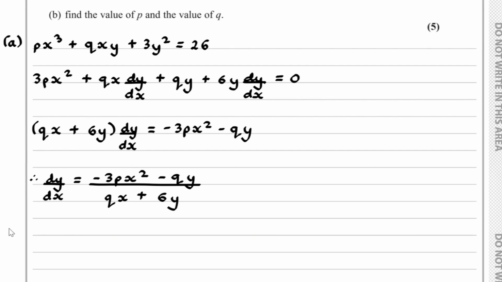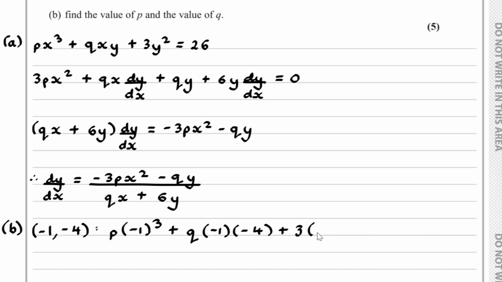So what we can do for part B to begin with is substitute that point in. If we substitute in the point -1, -4, then we have P, lots of -1 cubed, plus Q, lots of -1, lots of -4, plus 3, lots of -4 squared. This is equal to 26.